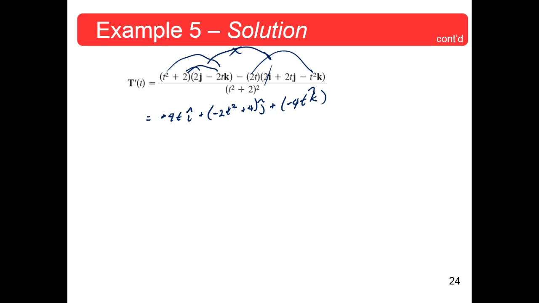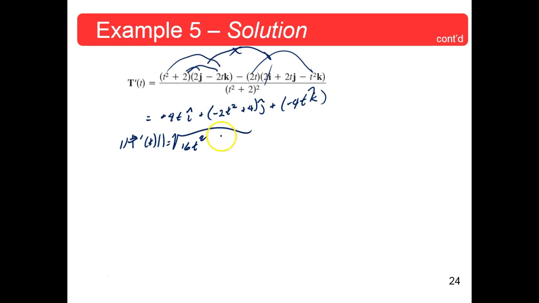They're using the earlier formula, so now we take the magnitude of that. And the magnitude of this is T prime of t. Normally I put that as a unit vector, but since you're taking a derivative of it, it's not a unit vector anymore, so I'm just going to leave it at that. But the magnitude of that is going to be the square root of 16t squared, and then you got a binomial here.